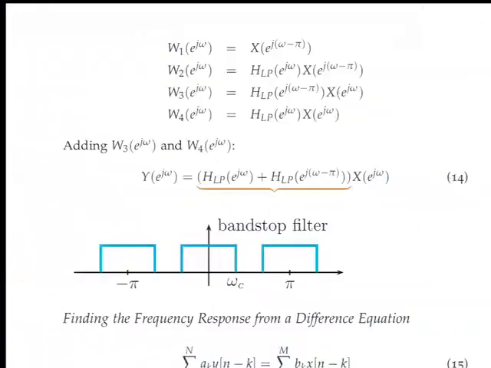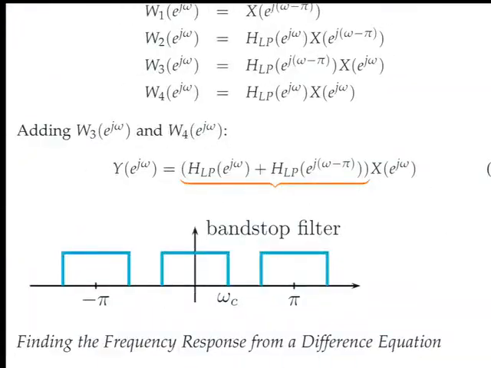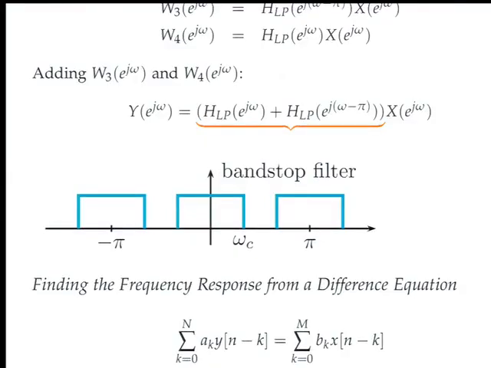So if I look at the next slide, all of this is done. And the sum of the low pass and the high pass are going to give you a band stop filter. It will stop anything between these two corners. The reason I assumed omega c was less than pi over 2 was to actually leave a gap there, right? And that gap is what gets stopped, right? If omega c becomes pi over 2, no gap is there, so it's not band stop. All right? Good?